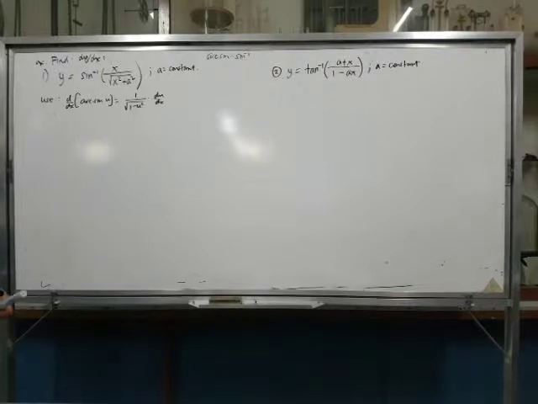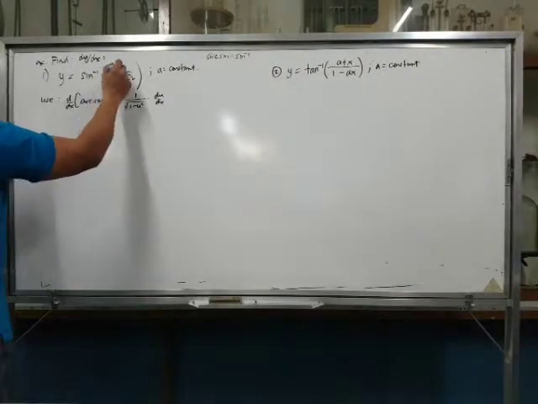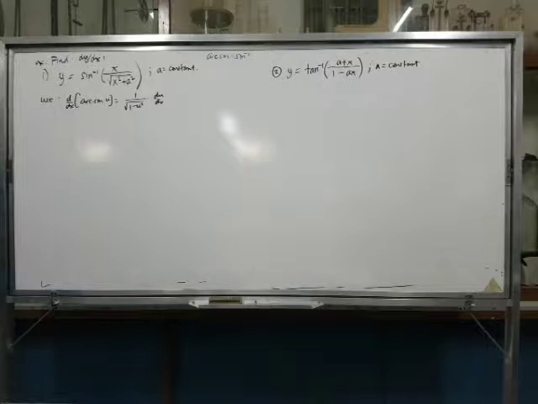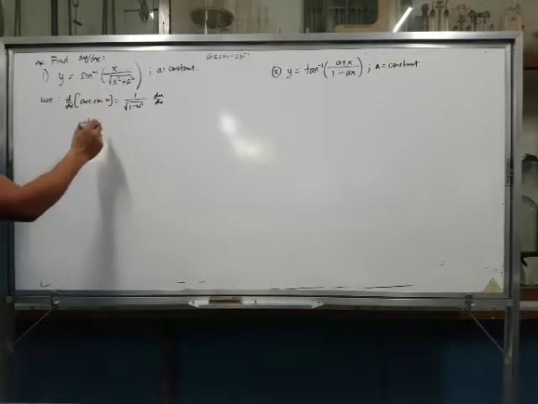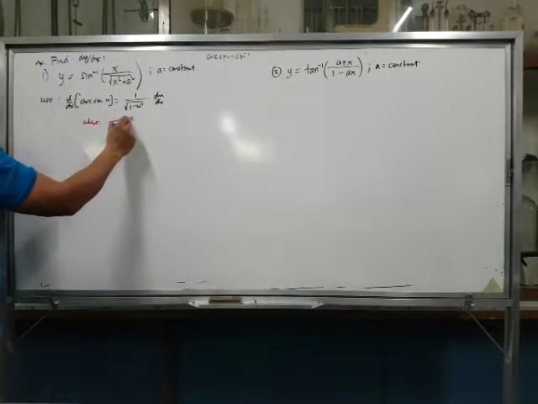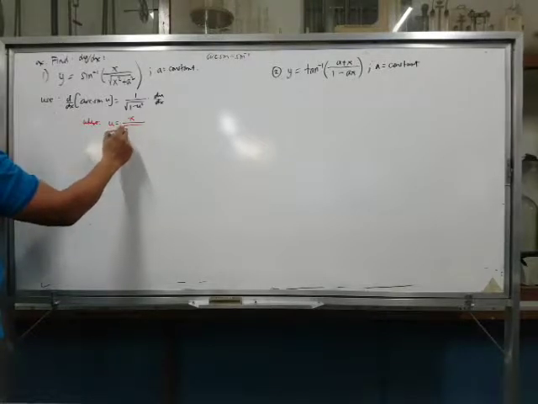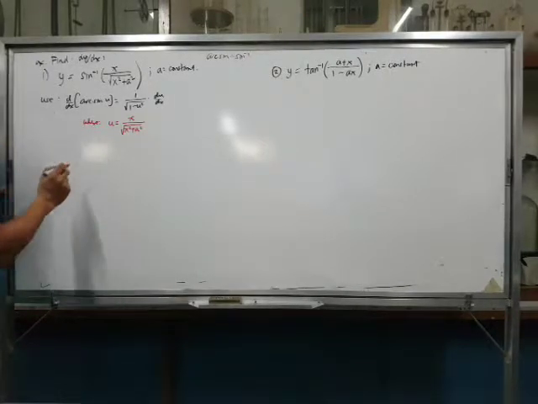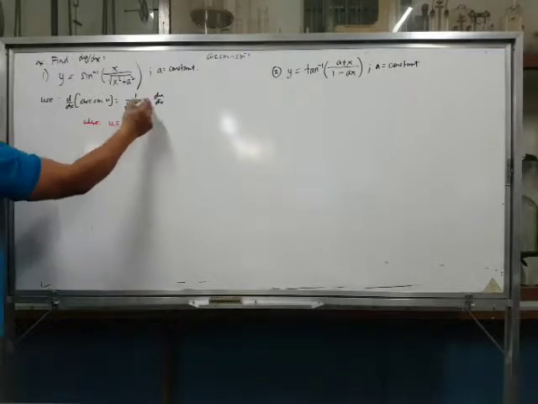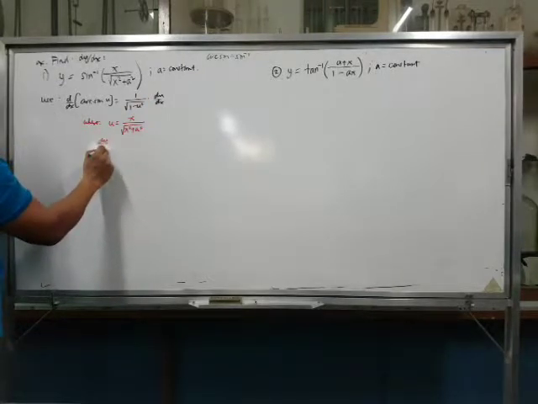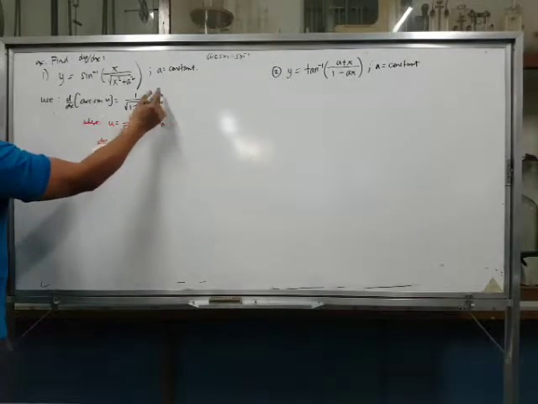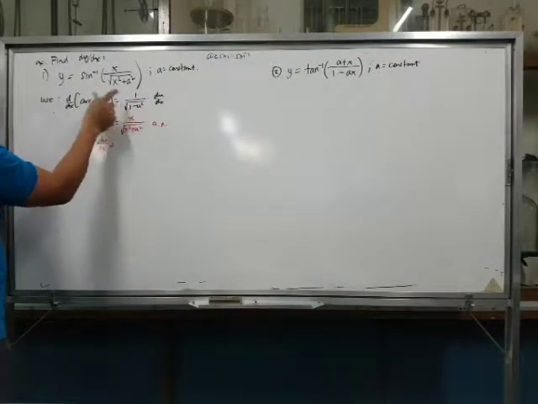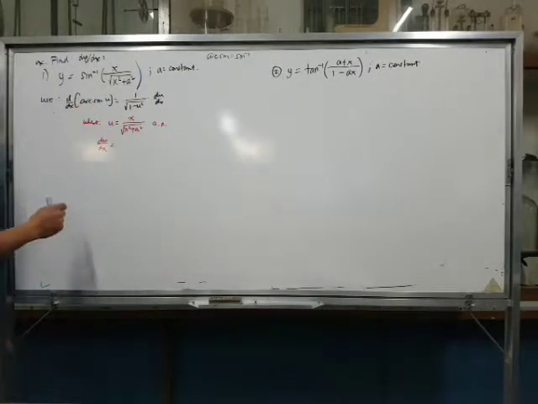So the entire argument is our letter u. Our letter u is just equal to x over square root of x squared plus a squared. And of course, if you want to calculate the derivative of u with respect to x, we have to use the quotient rule because we need that in the formula aside from 1 over square root of 1 minus u squared.